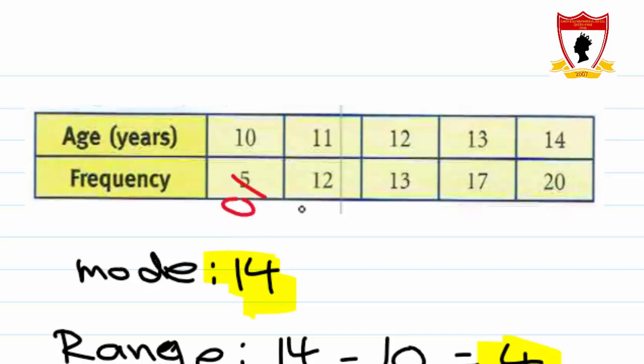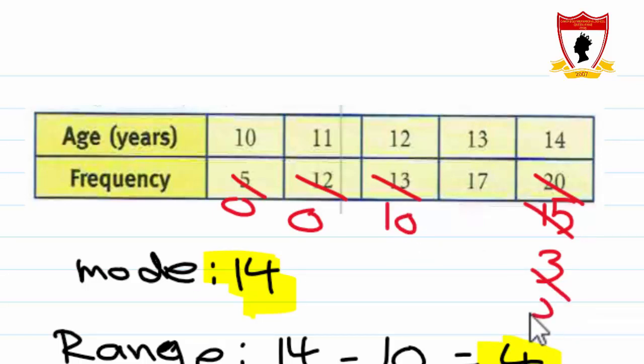Minus 5, it will be 0. Minus 5, it will be 15. Now the subtraction will be between 12 and 15. Minus 12, it will be 0. Minus 12, it will be 3. Now between 3 and 13. Minus 3, it will be 10. Minus 3, it will be 0. Now it's between 10 and 17. Minus 10, 0. Minus 10, 7.